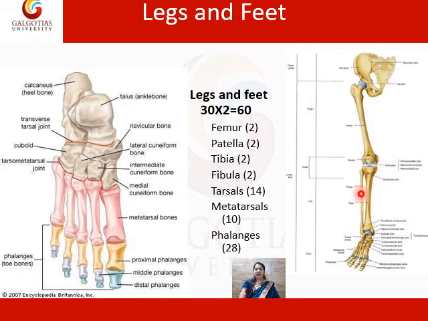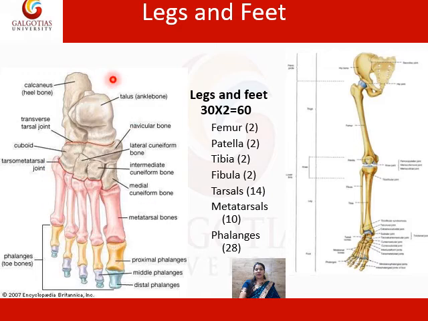Then the tibia and fibula are also paired, one right and one left. There are 7 tarsals in each foot, 14 in two. Then metatarsals, 5 in each foot, so there are 10, and 14 phalanges in each foot, similar to the hand, forming the interphalangeal joints.